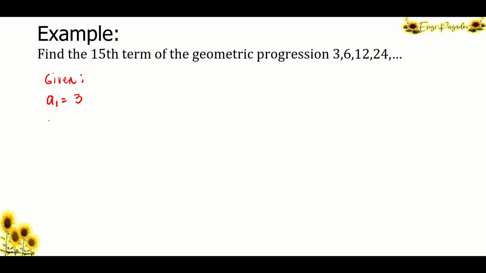Okay? So n will be equal to 15, and then yung common ratio niya will be the quotient of any two consecutive numbers. So let's have a sub 2 over a sub 1. So yung r natin is equal to 2.